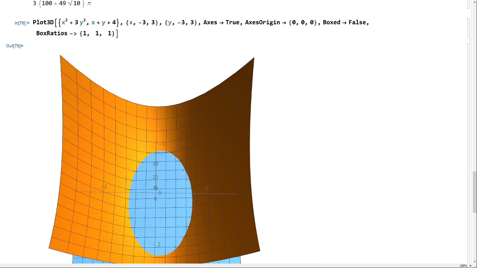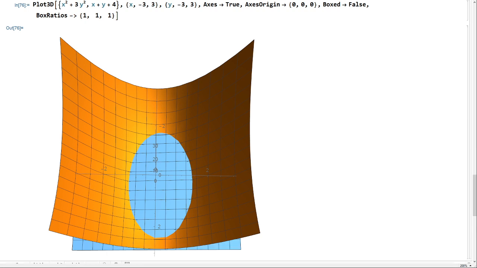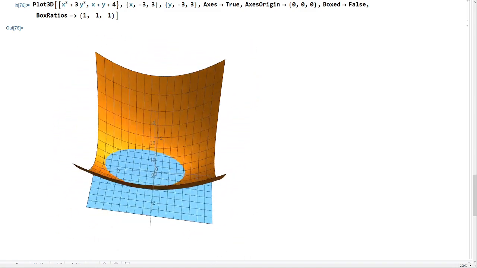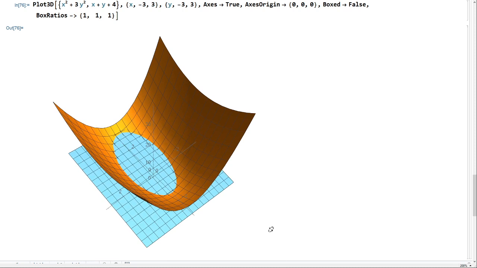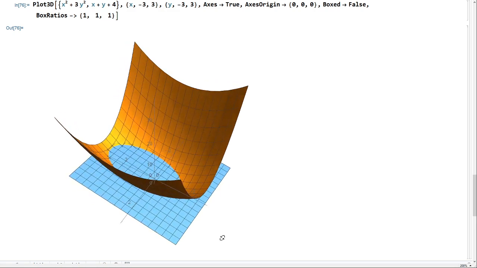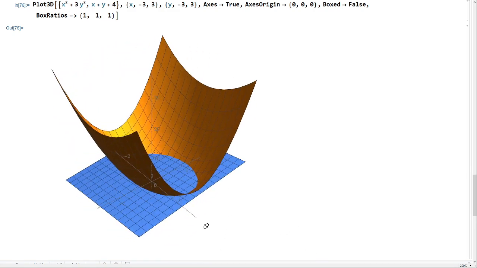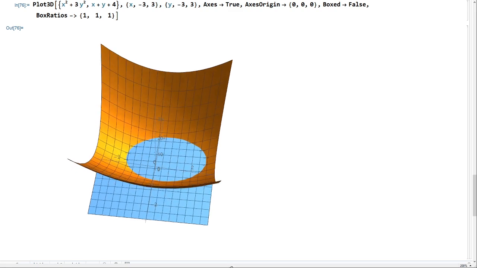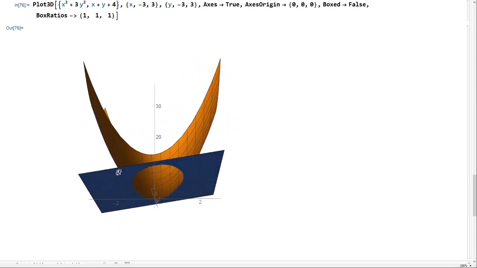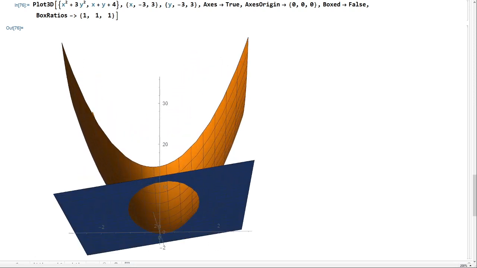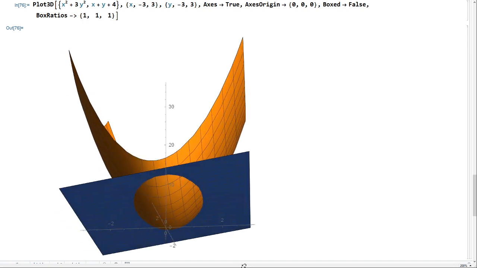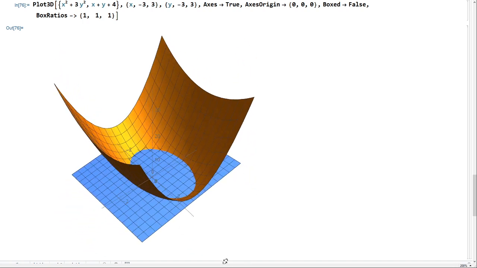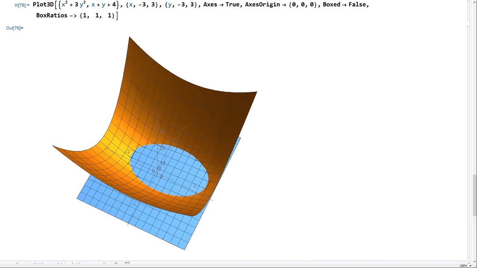That is C. So what we want to say is at the point (2, 1, 7), somewhere along this curve, probably somewhere in here toward the edge of the ellipse, we want to find the tangent line to that curve.